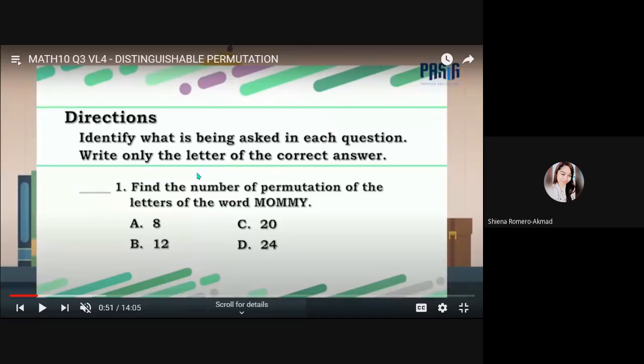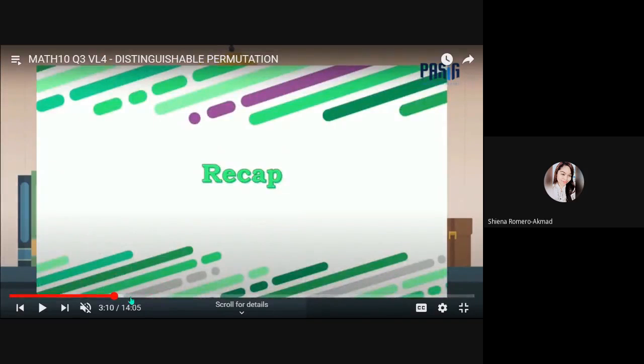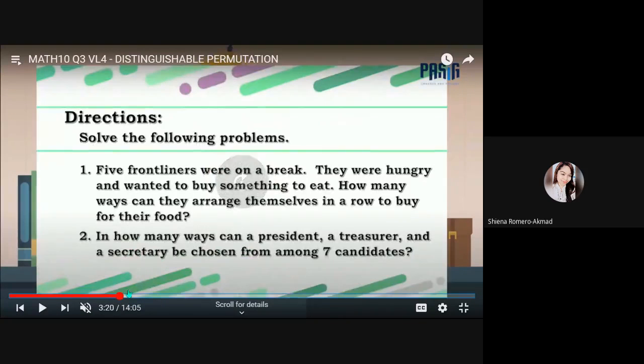Siguro yung iba, they still don't know the answer. So let me proceed to the lesson, then we'll go back here. Okay. So, ano naman kung mag-proceed ako if you still don't know.